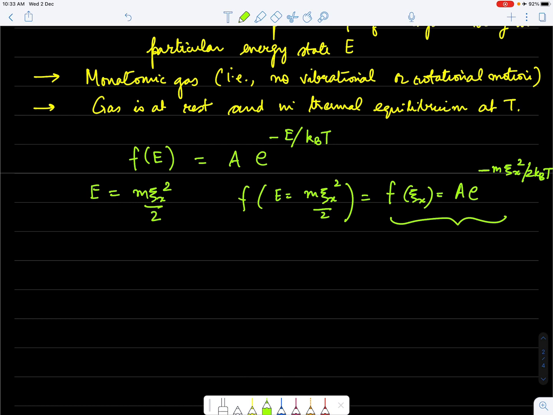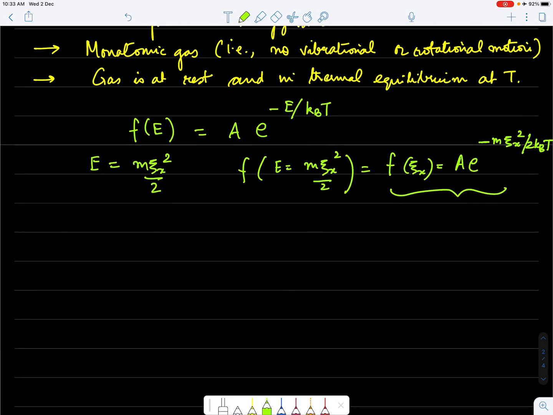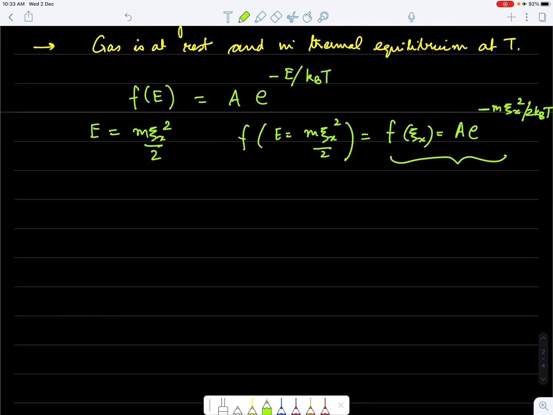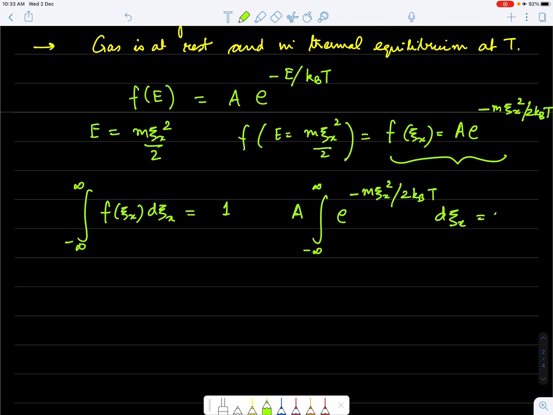Now, since we are dealing with probabilities, we also need to normalize this, so that normalization will give us the factor A, the factor of proportionality. The normalization is done by taking the integral of f xi x d xi x over all possible velocities from minus infinity to plus infinity, and that integral should be equal to 1, which means A times the integral of e to the power minus m xi x square by 2 kBT d xi x is equal to 1.